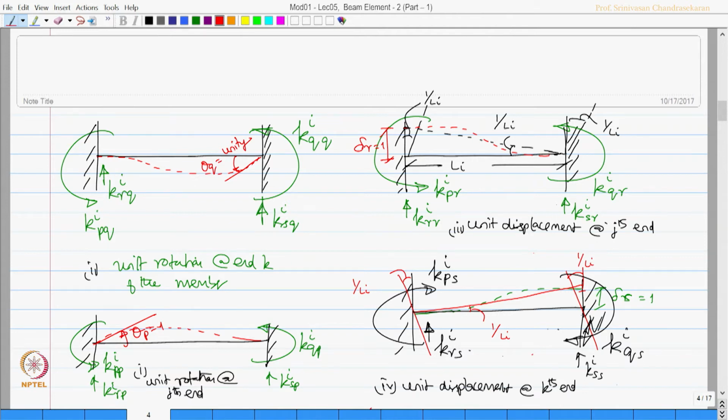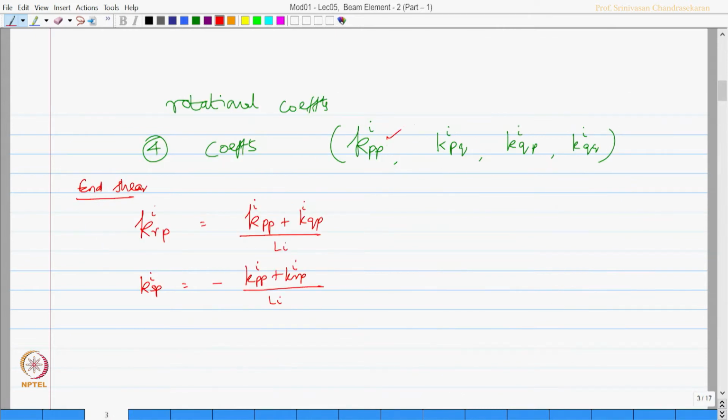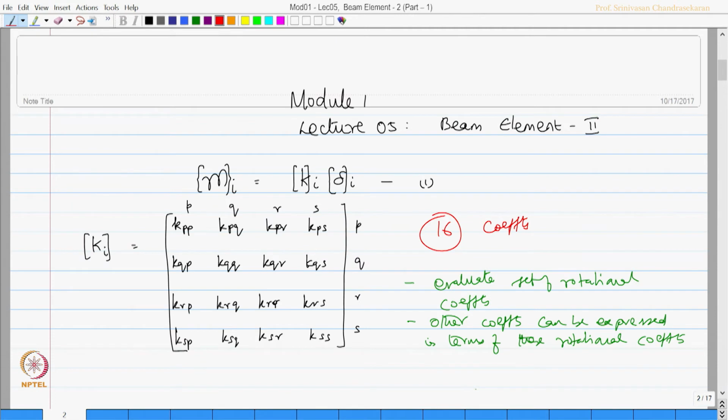K P Q, K Q Q, K P P and K Q P. These are the 4 coefficients which we are interested in. If I am able to evaluate these 4, the remaining 12 can be expressed in terms of these.